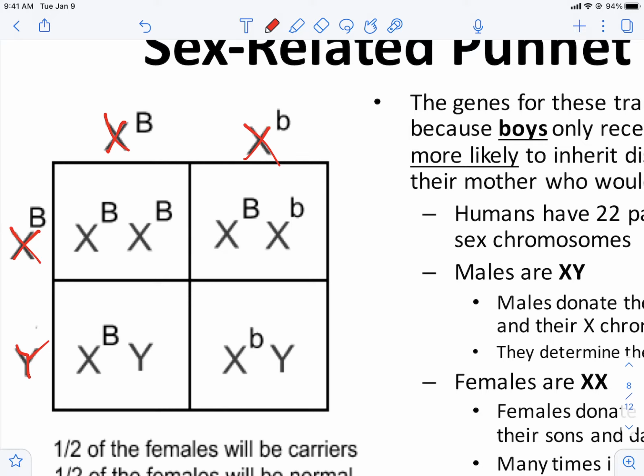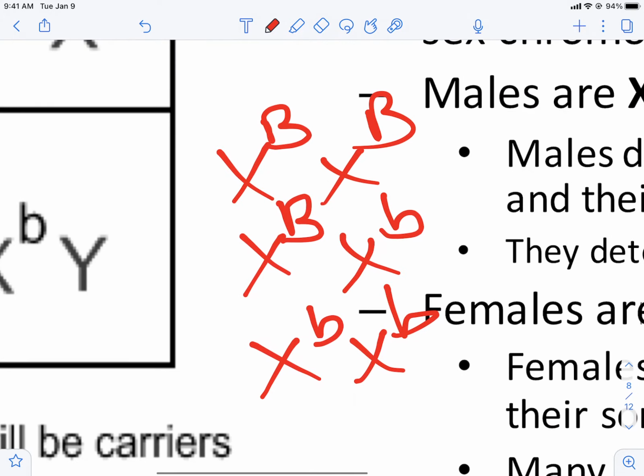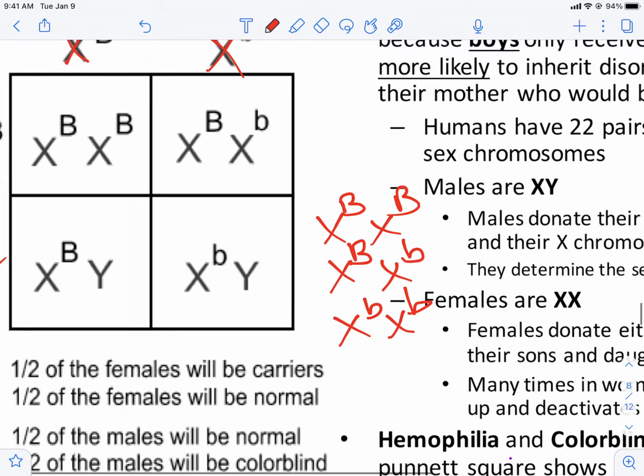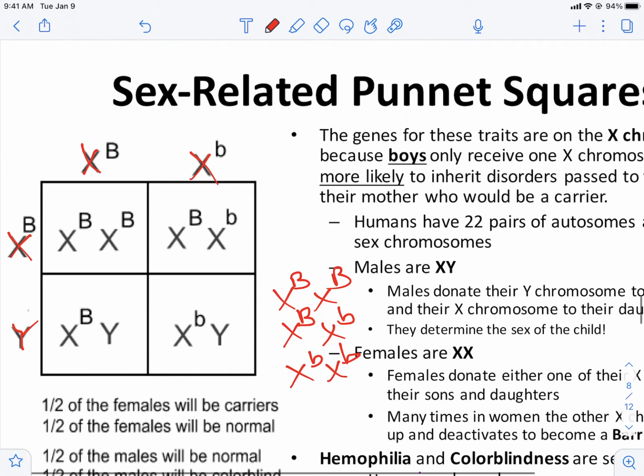So if you're a female, you could be dominant X dominant X. You could be dominant X recessive, which would be lowercase b, for example. And then you could be homozygous recessive, so you have two lowercase b's. So for a female, you have three possible genotypes. But for a male, you only have two because you don't have a second X chromosome.